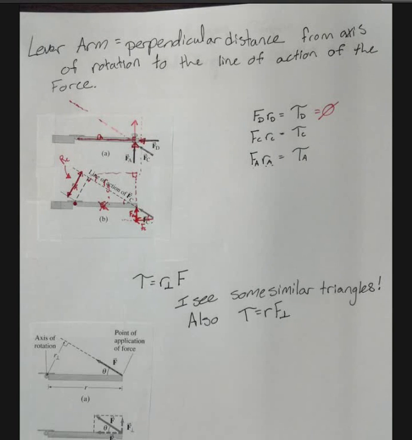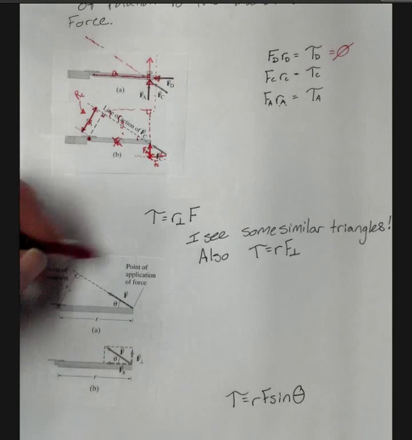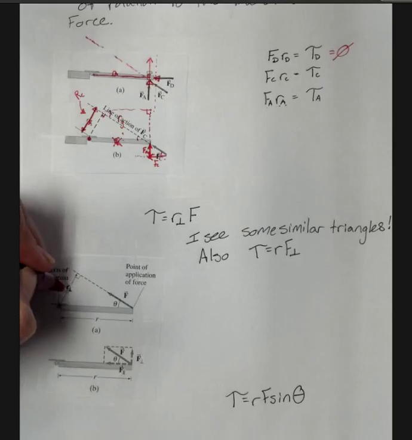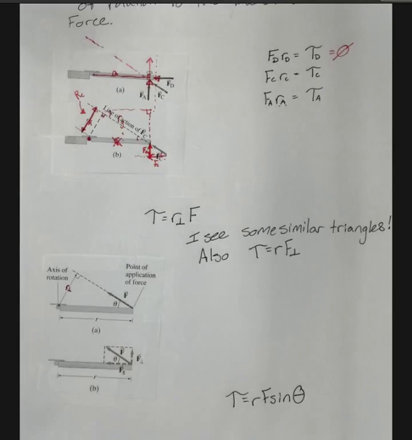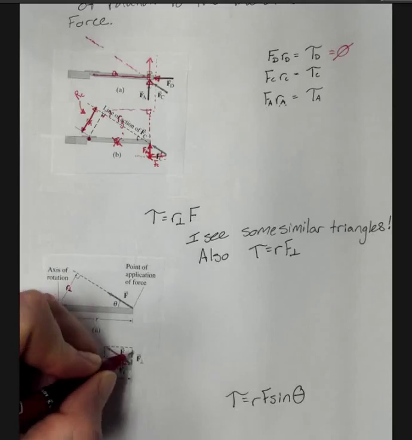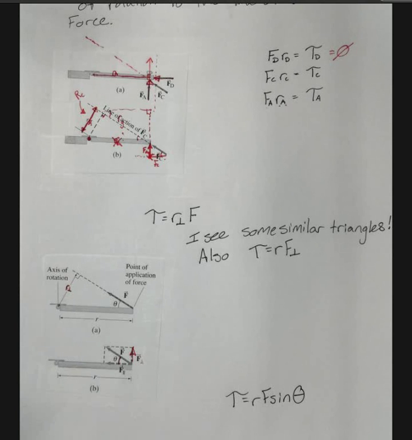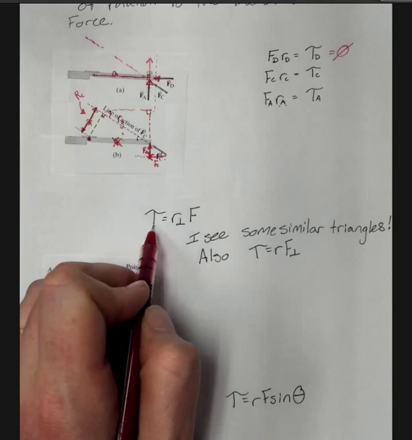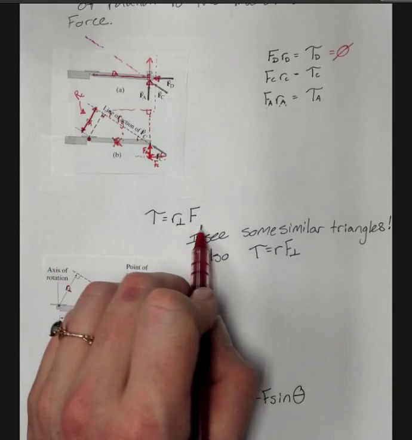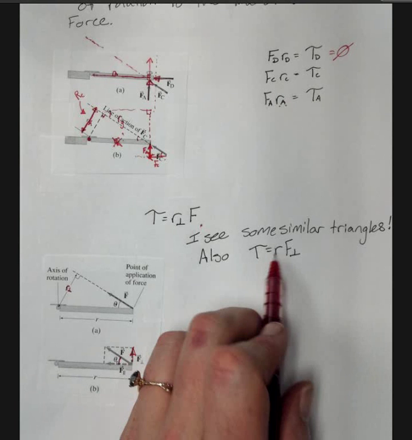So that means that if that's theta there for finding the perpendicular lever arm, and that's also theta there for finding the perpendicular force, that theta and that theta are the same amount. So I could find torque by finding the perpendicular lever arm, or I could find torque by finding the perpendicular force.